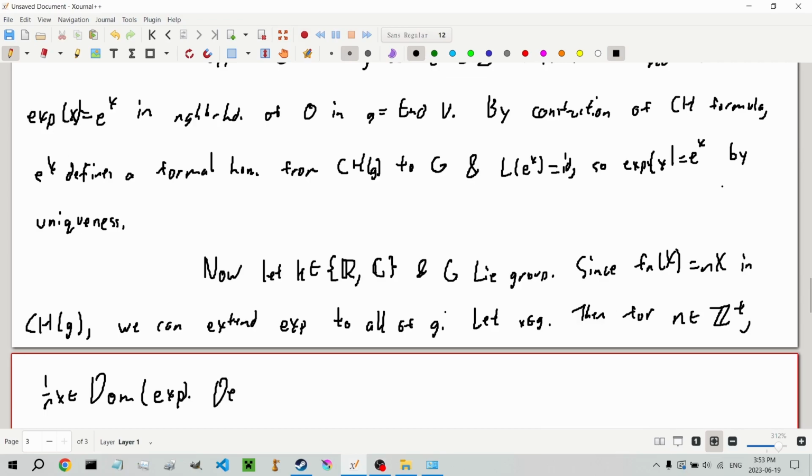We're going to define the exponential of x just to be the exponential of this 1 over n times x, to the n, which is obviously going to be independent of our choice of n.